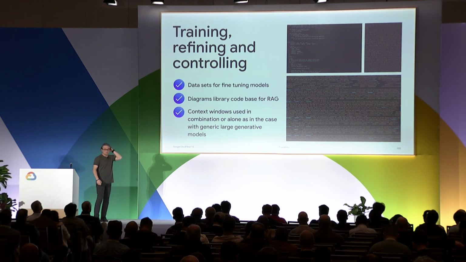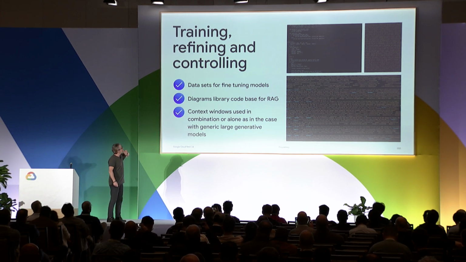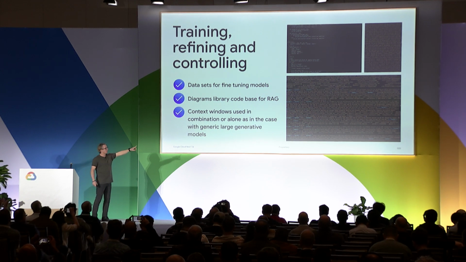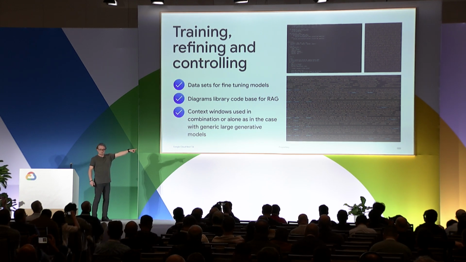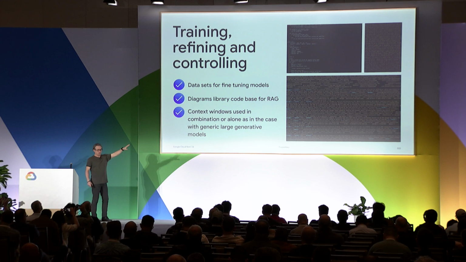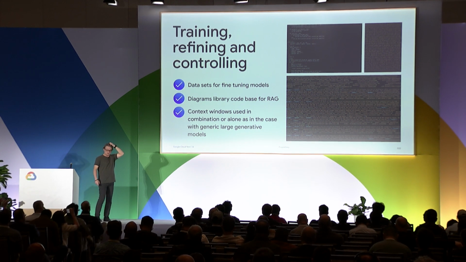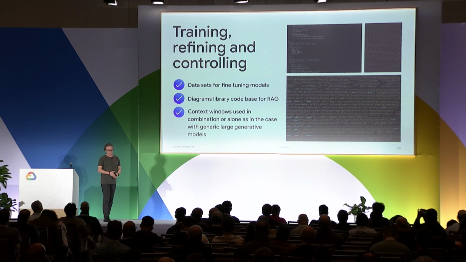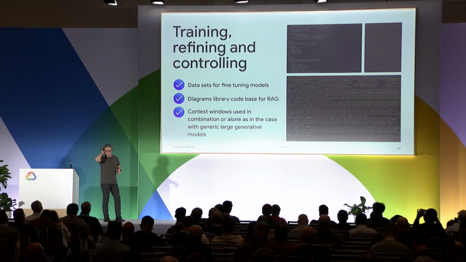So with the diagrams library, I used these three techniques. The largest window below is what I used for the tuning part. I created a data set of nearly 100 architectural blueprints, containing code and a description of the code, and I used it to tune models which were fine-tunable.